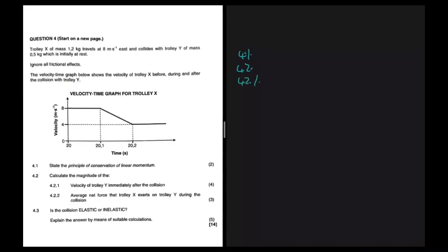For 4.2.1, we're looking for the velocity of trolley Y immediately after the collision. So how can we possibly determine the velocity of trolley Y immediately after the collision? We are going to use the principle of conservation of linear momentum, because we know fully well that the sum of the momentum before a collision should be equal to the sum of the momentum after a collision, right?